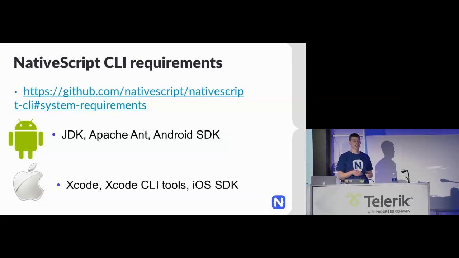So on Android, that means having a JDK, Apache Ant in order to do Android builds, and an Android SDK. For iOS, you're going to need to have a Mac. You're going to need to have Xcode, the Xcode CLI tools as well, all of which I already have installed on my Mac here. Now, what's important is that regardless of these two different ways to use NativeScript, NativeScript itself is the same. These are basically two ways of interacting with the exact same framework under the hood.